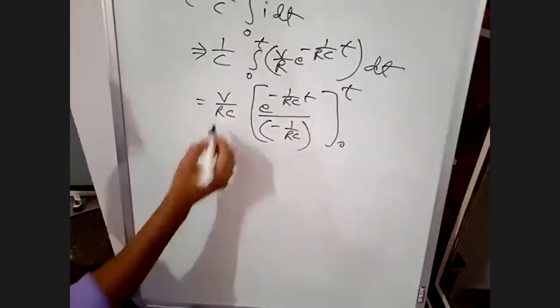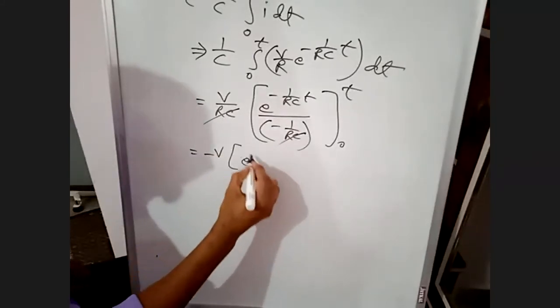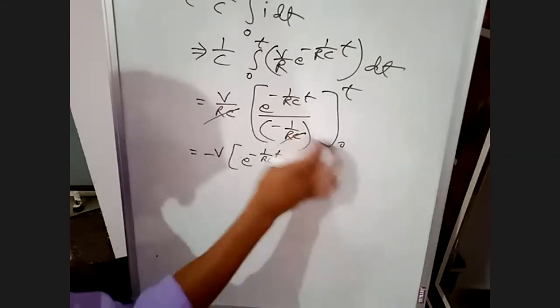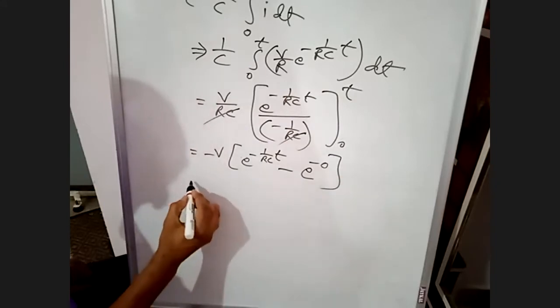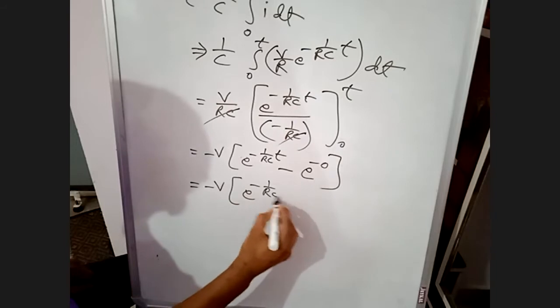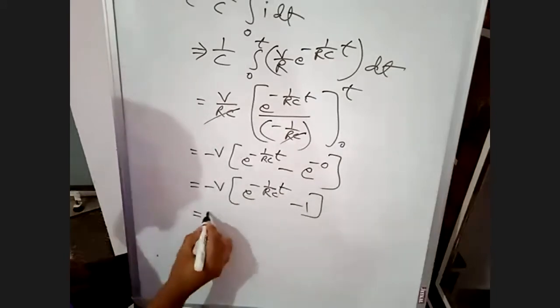Now see this, RC and RC is going to be cancelled. We'll get minus V into e power minus 1 by RC into T minus, substitute upper limit and lower limit. Bring minus inside.